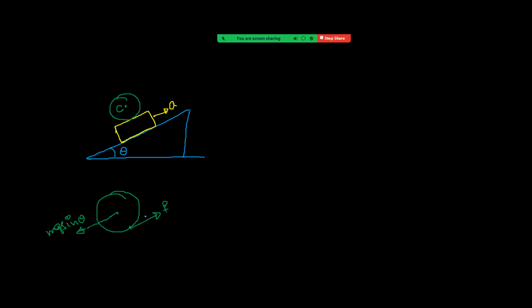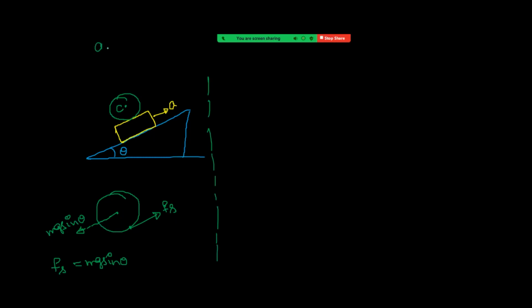The condition given is that there is no slipping, which means the friction must be static, Fs. Since the acceleration of the center of mass of the cylinder is 0, we can write that Fs is balancing mg sin theta. So the first condition: the frictional force on the cylinder balances mg sin theta.